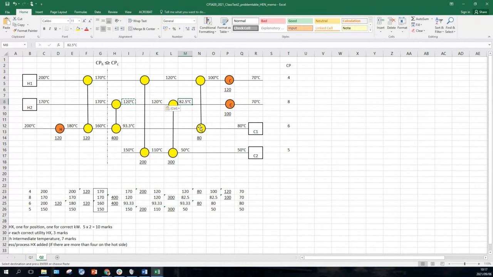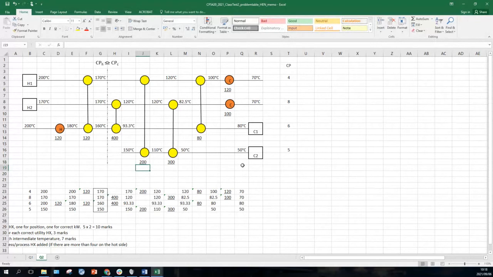I believe that lots of people missed this temperature difference. Yeah, they put in 400 over there and these two are the same. I think if you used 400 here, let's just have a look. Yeah, 70 and 70. Very easy to get wrong.